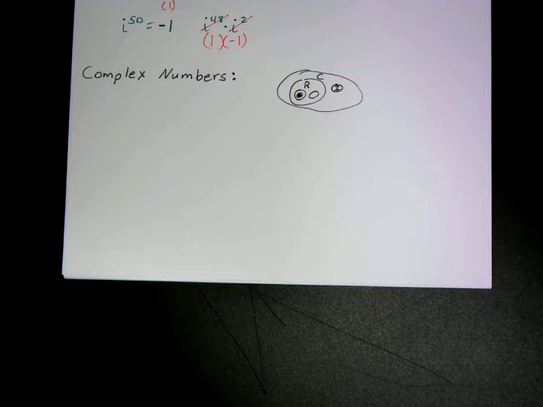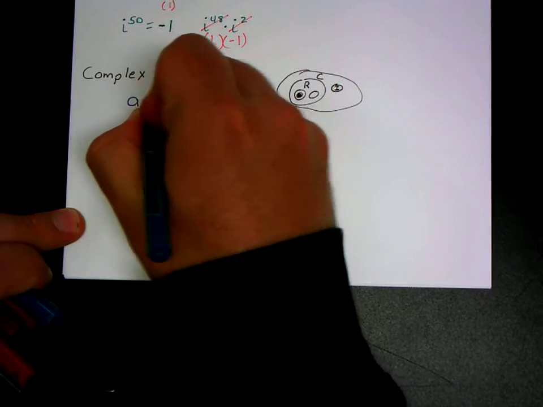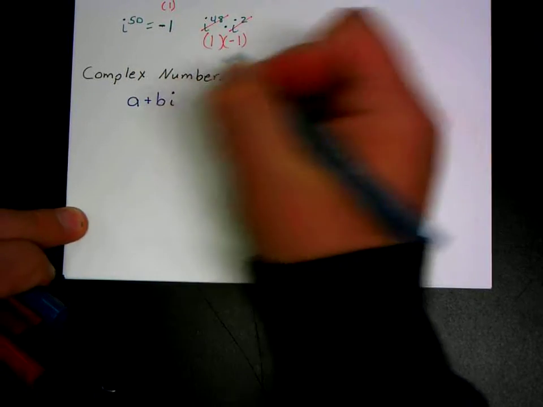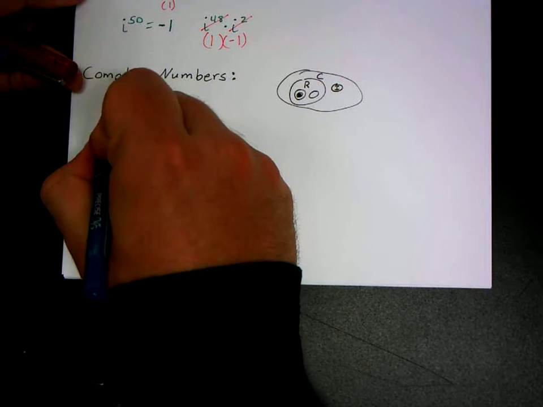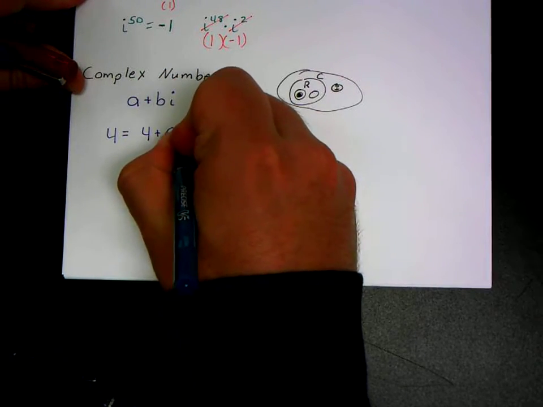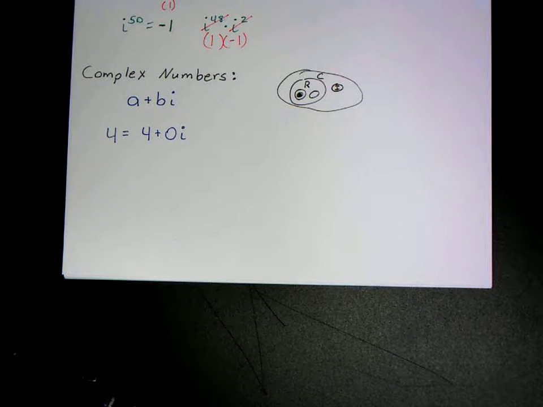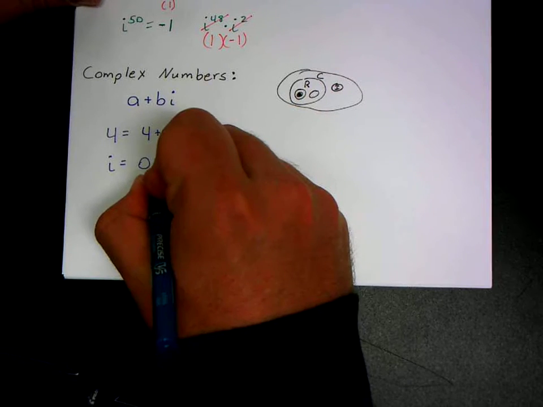A complex number looks like this. Every number you know of is a complex number. The number 4 is a complex number, because it can be written like that. The number i is a complex number because it can be written like this.